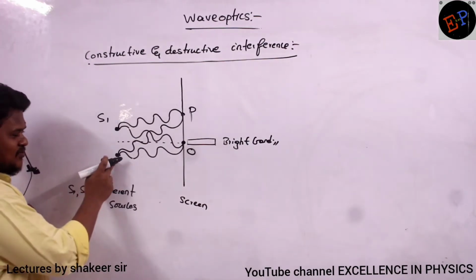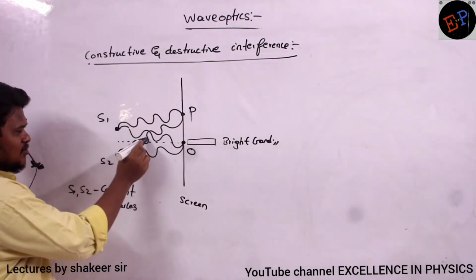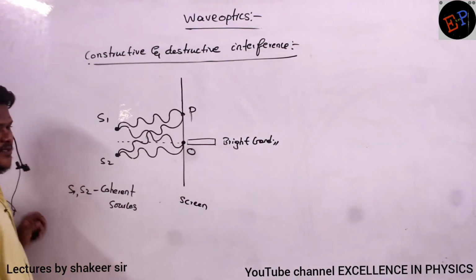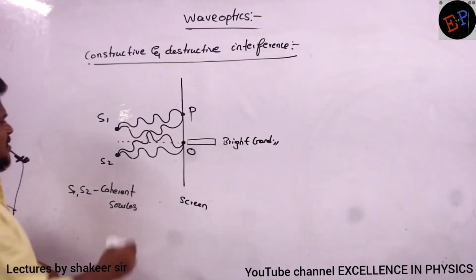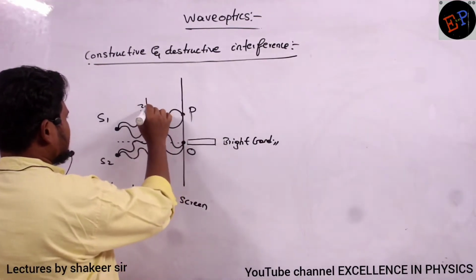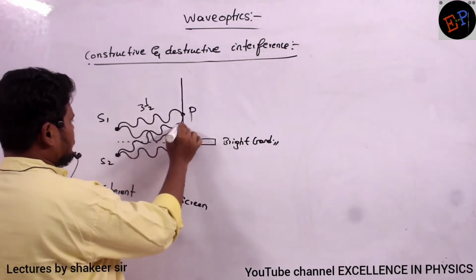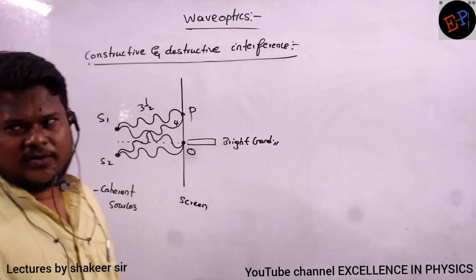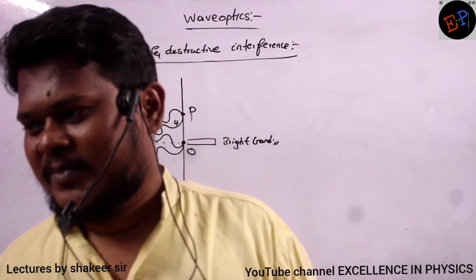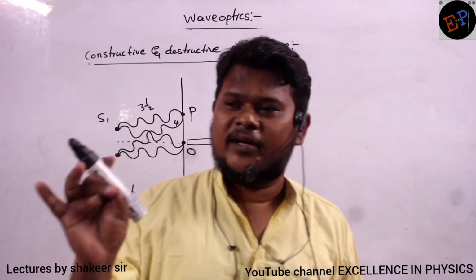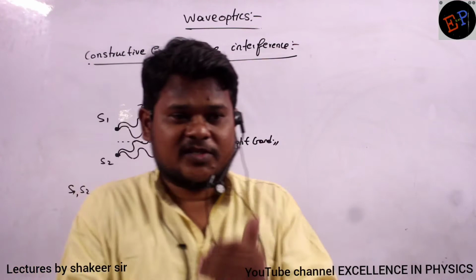Now from S2, 1, 2, 3, 4 waves are reaching. Are you able to understand? So from S1, 3.5 waves are reaching. From S2, 4 waves are reaching. So what do you understand? There is a phase difference of 180 degrees. Half wave is extra, no?